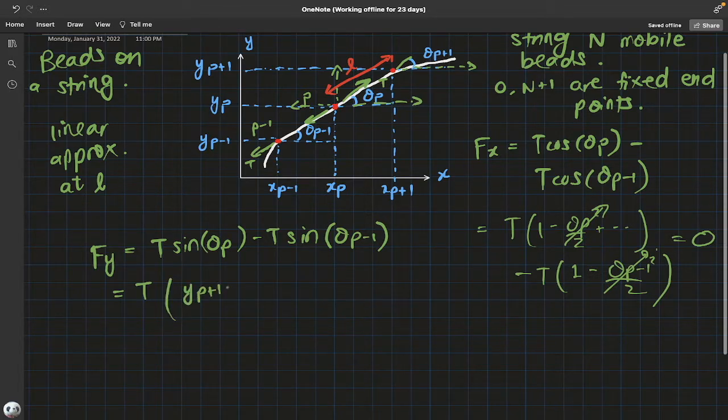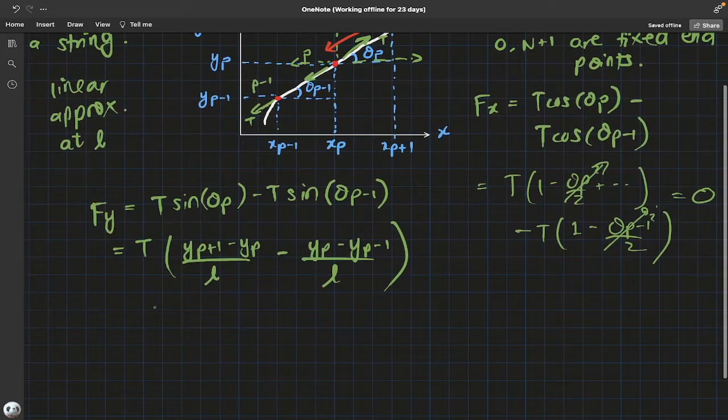Y sub p plus 1 minus y sub p over L, the hypotenuse, minus y sub p minus y sub p minus 1 over L, which we can simplify. And remember, force is mass times acceleration in the y, so we can pull the mass down and have an mL.